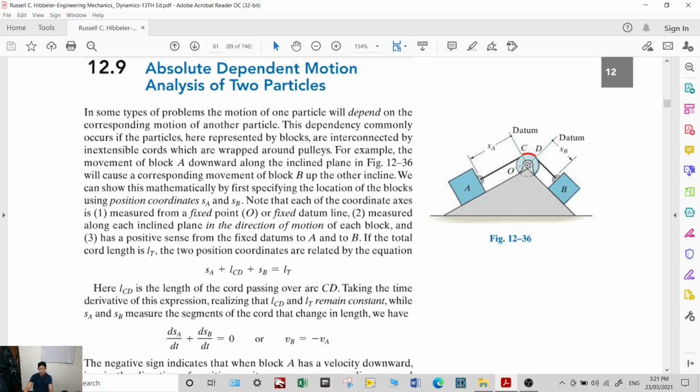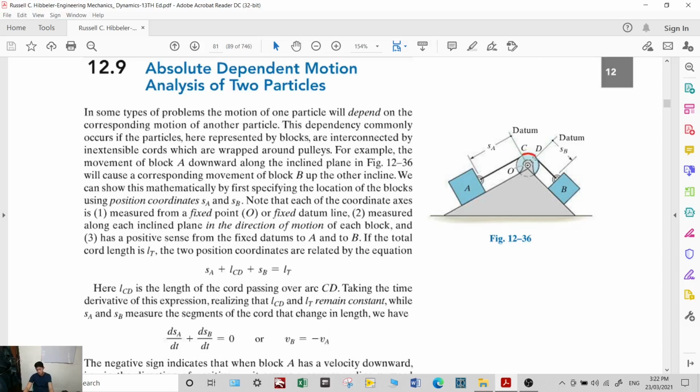So what you're going to do is establish first the datum. In this case, your datum will be situated at this point O.